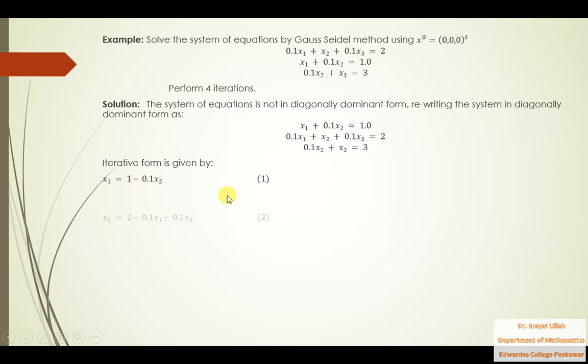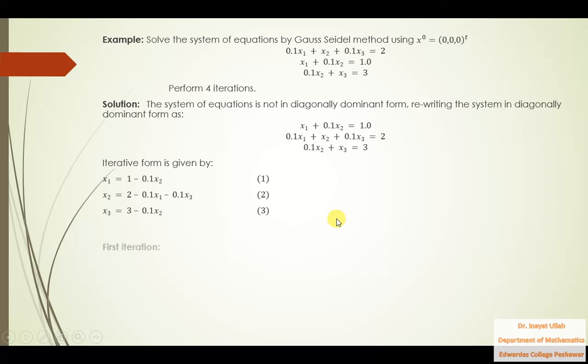Shifting these two on the right hand side, we get x2 equal to this, equation number 2. And similarly x3 will be on this side, and shifting this term to the other side gives equation number 3. This is the iterative form of these equations.